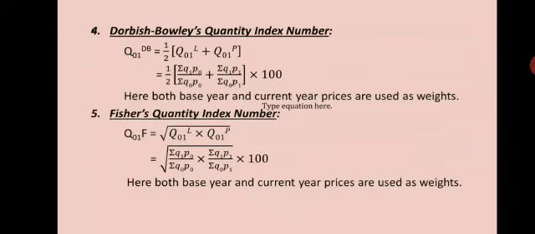The fourth method is Dorbish-Bowley's quantity index number. The formula is Q01 of Dorbish-Bowley, which is equal to 1 by 2 into Q01 of Laspeyres plus Q01 of Paasche's, which is equal to 1 by 2 into summation Q1 P0 divided by summation Q0 P0 plus summation Q1 P1 divided by summation Q0 P1, into 100.